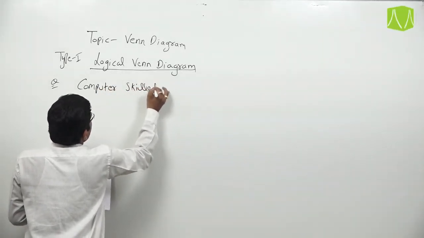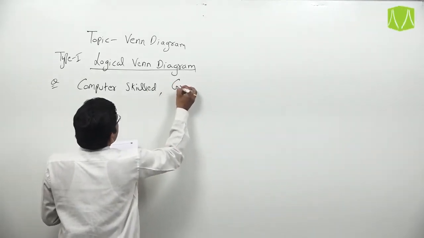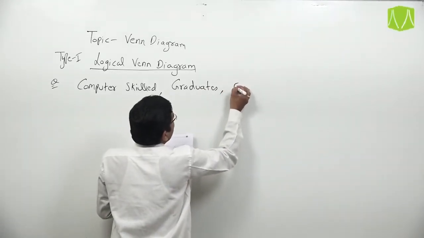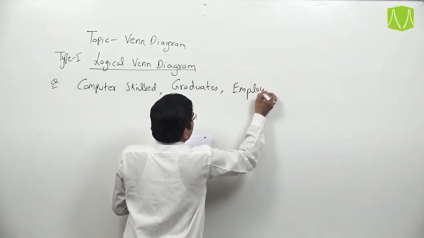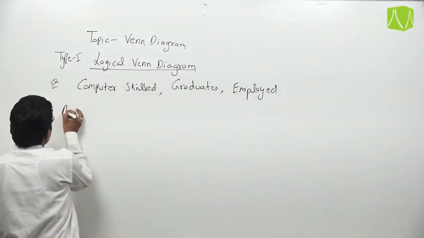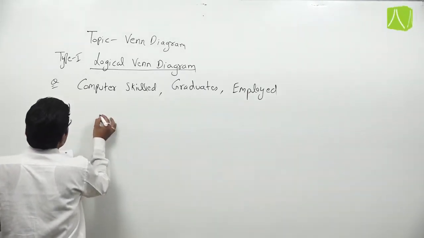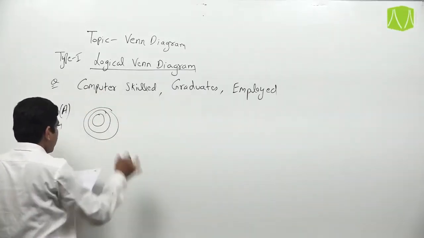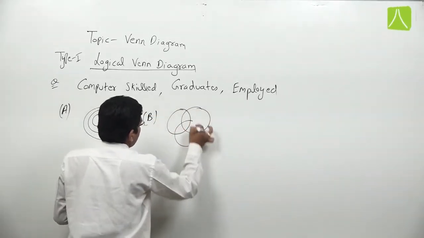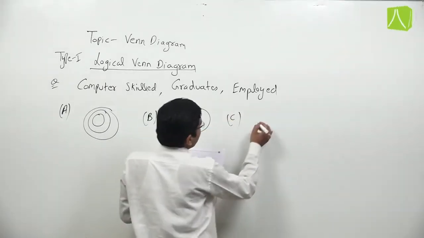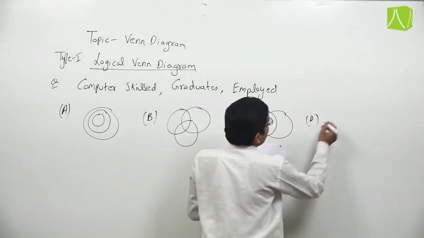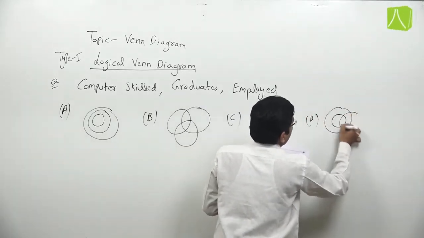computer skilled, graduates, employed. We have to represent computer skilled graduates and employed, and our options are: first option is like this, second option, third option, and fourth option is this.